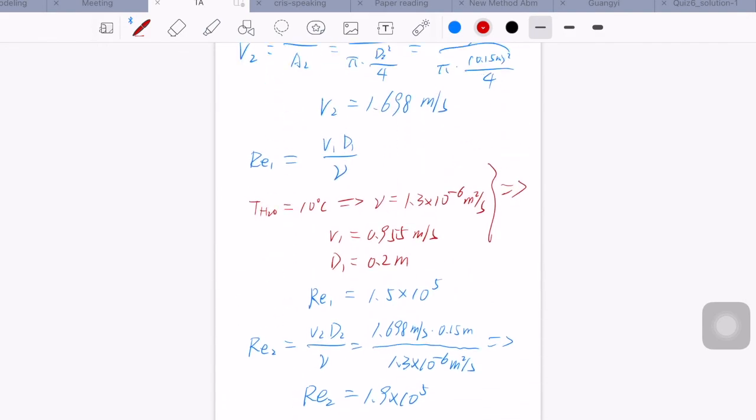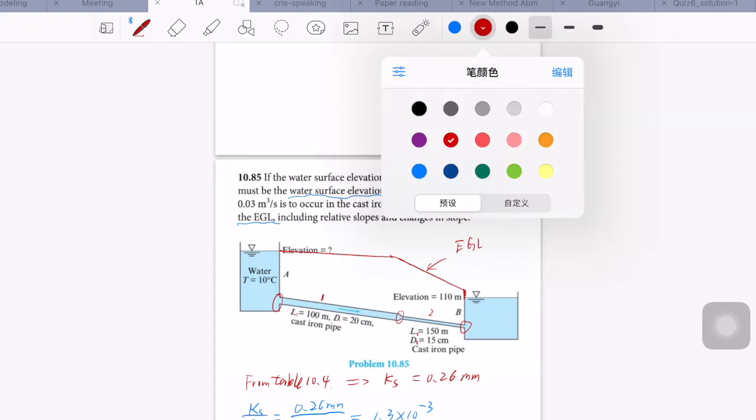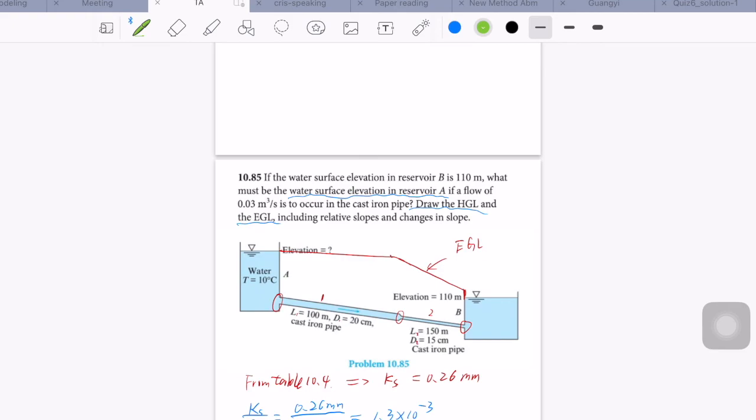And now we need to sketch the HGL and the EGL, and I will plot the EGL first. So this is the EGL, and I will use green to plot the HGL.